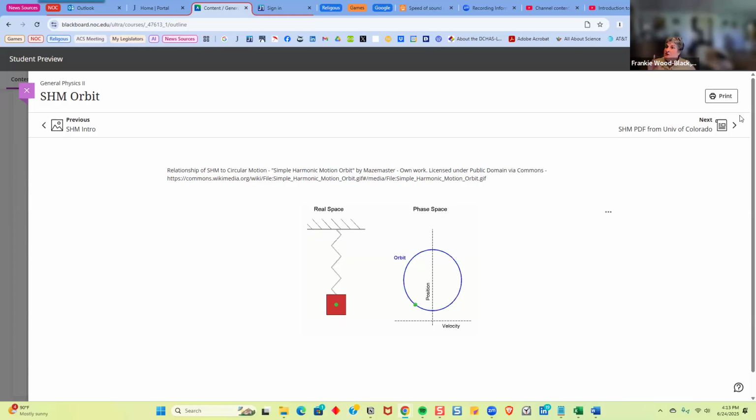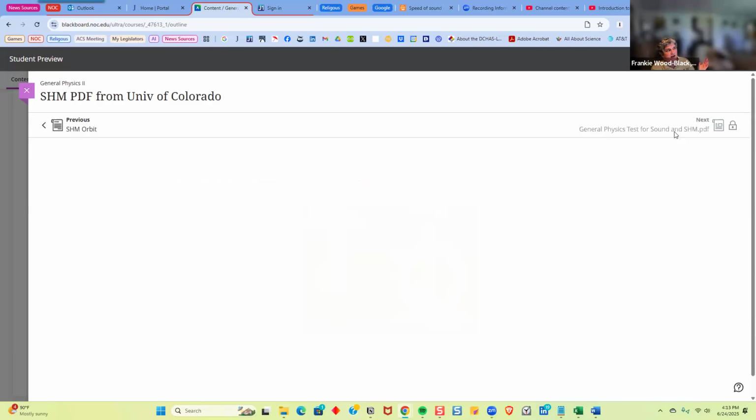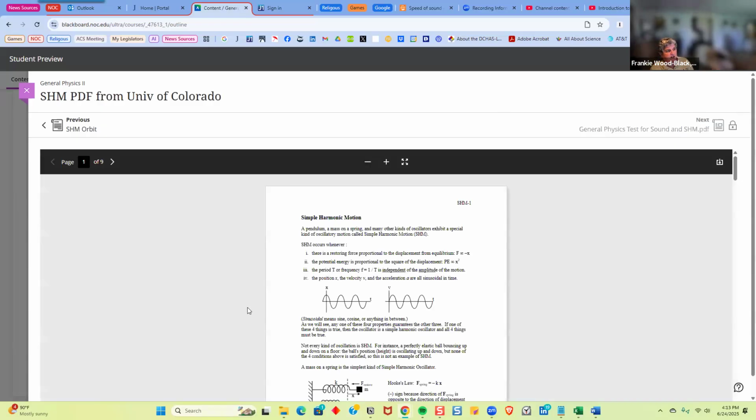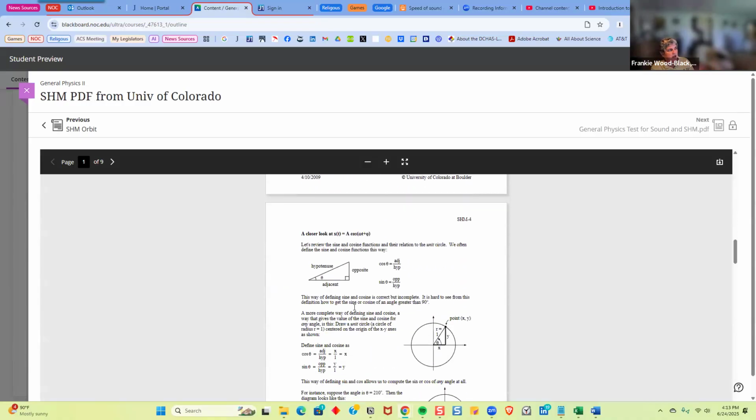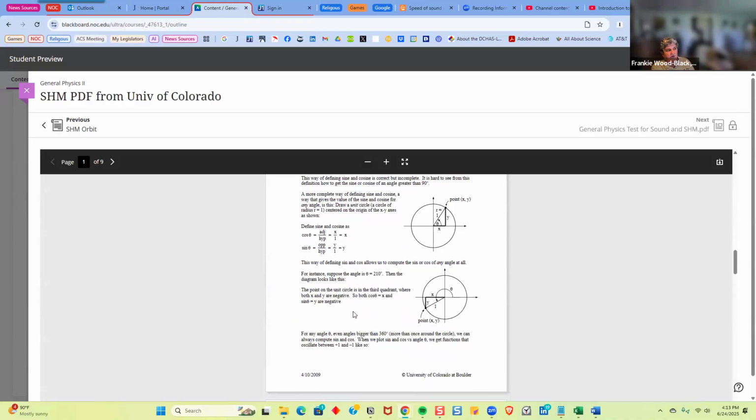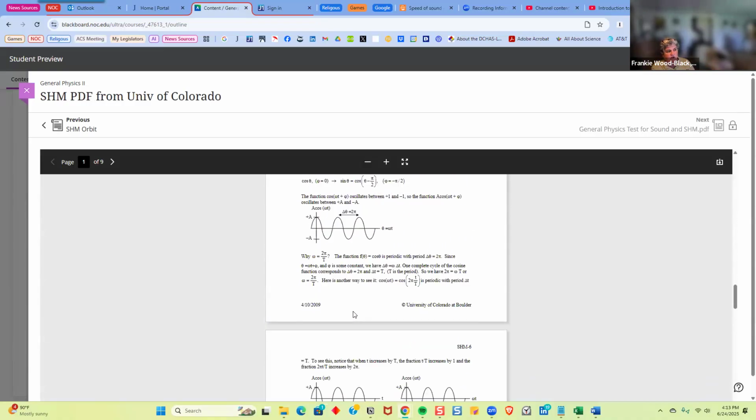So your first laboratory experience is, and by the way, I've provided you another set of information on simple harmonic motion. This is coming from the University of Colorado, and it goes through a lot of that. So you can print this off. It's just another version of what we're talking about.